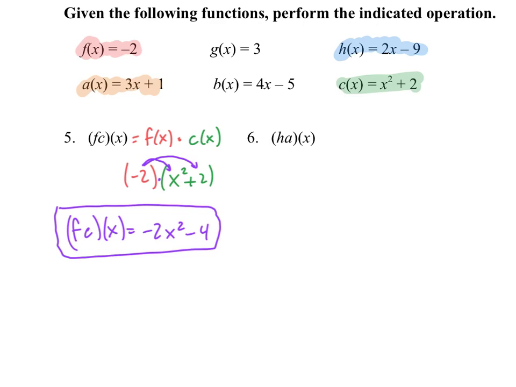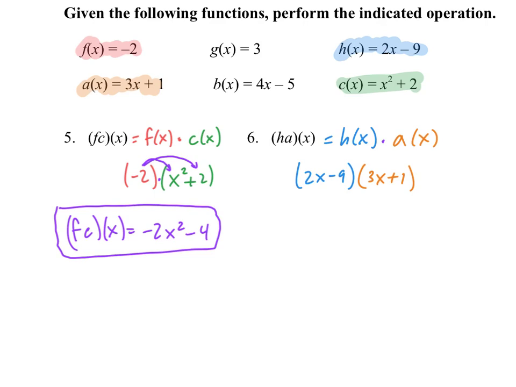So I'm going to be taking h of x and multiplying it by a of x. And kind of same thing as I look at the h, I want to put that in parentheses, so 2x minus 9 times, this time I'm not going to put the dot there, 3x plus 1. So just letting the parentheses sit next to each other, knowing that that means we should multiply these.